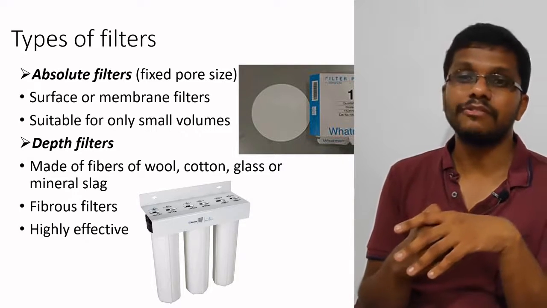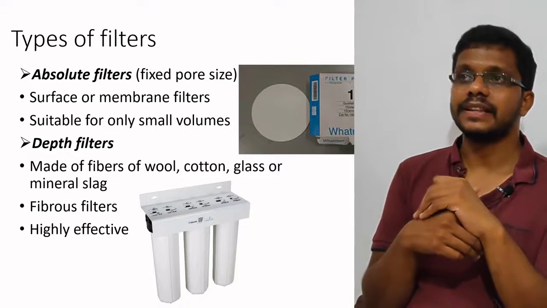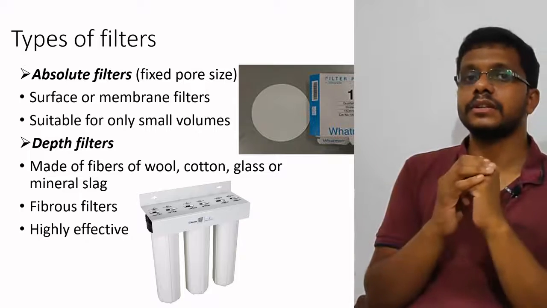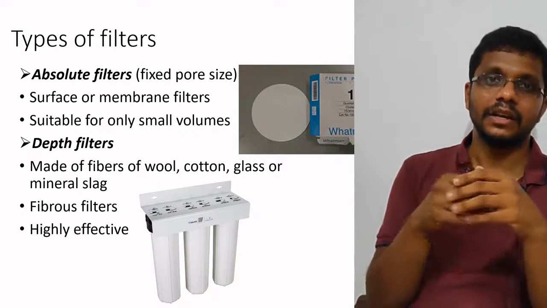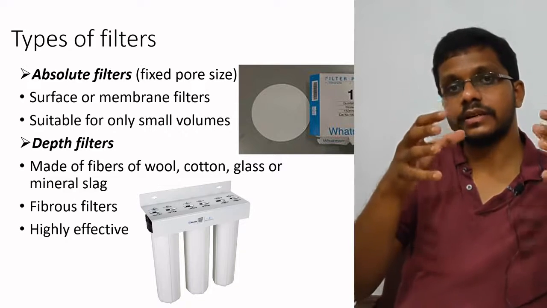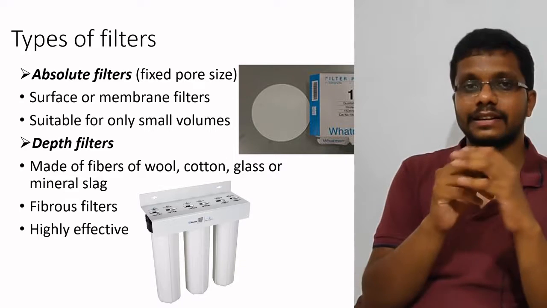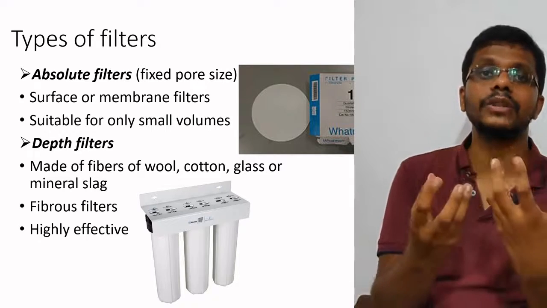It is suitable for only very small volumes, because if you're using these filters, the particles will get accumulated in the filter. As we use it more and more, there will be an accumulation of the particles which are filtered out. Slowly it will clog the filter.